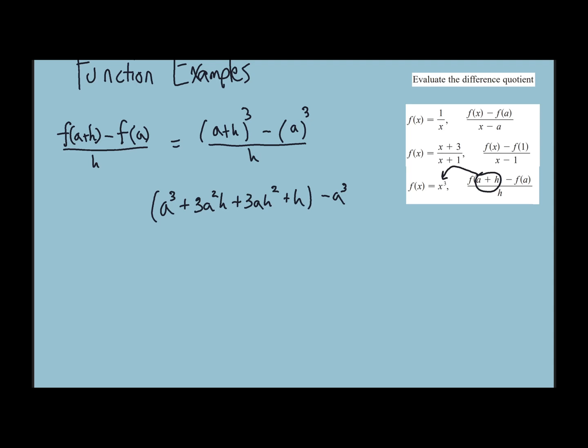And it's all going to be divided by h, so we'll divide 1 h away like this. And this squared goes away, and this h becomes a 1. So I think what we get is 3a squared plus 3ah plus h squared. That should be the answer for this one.